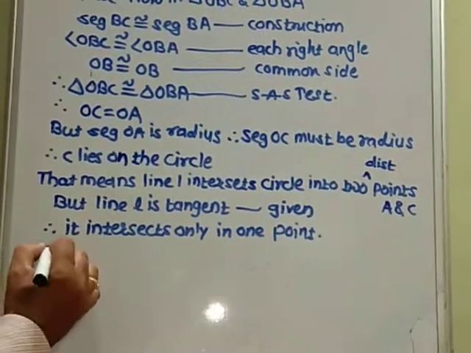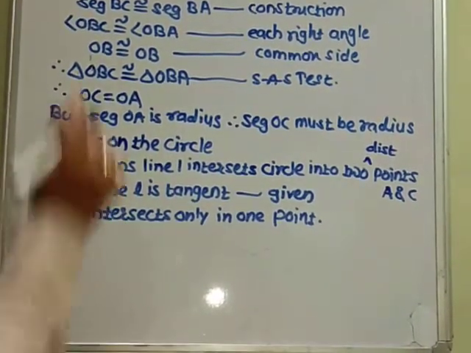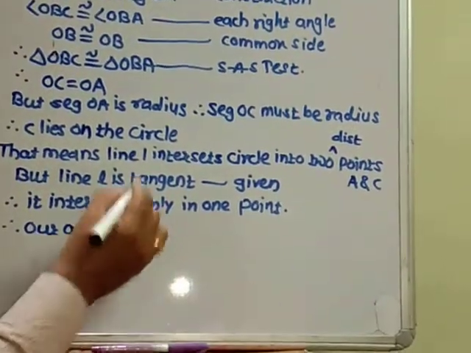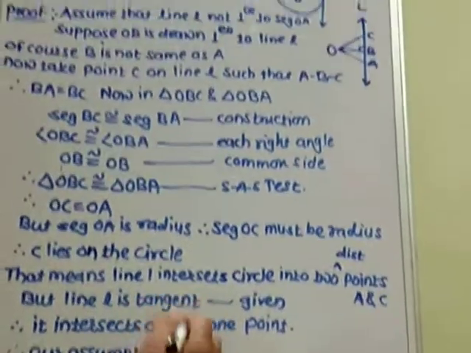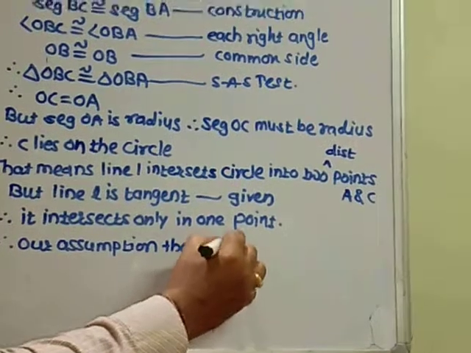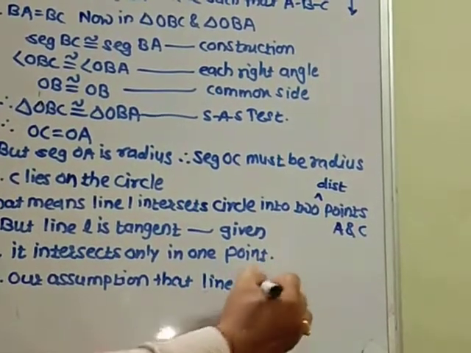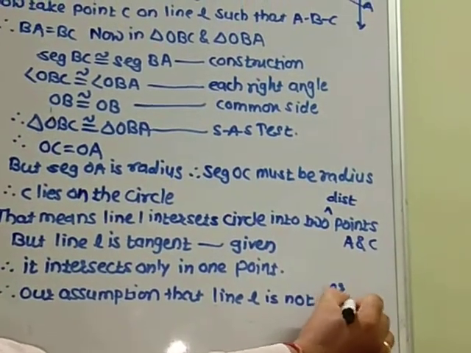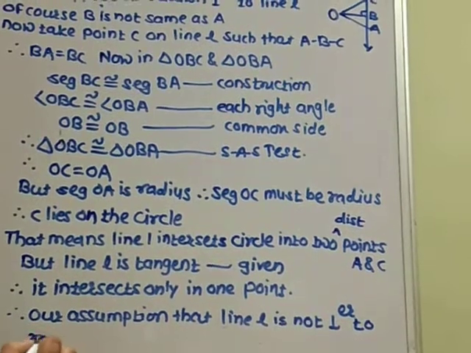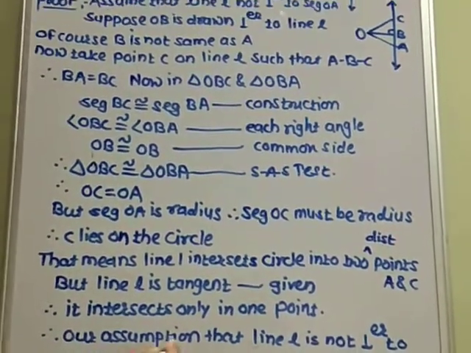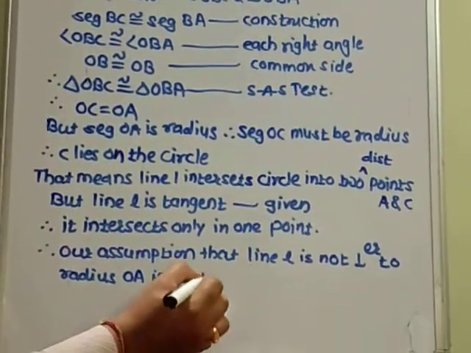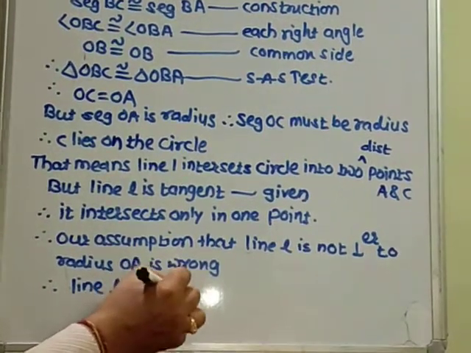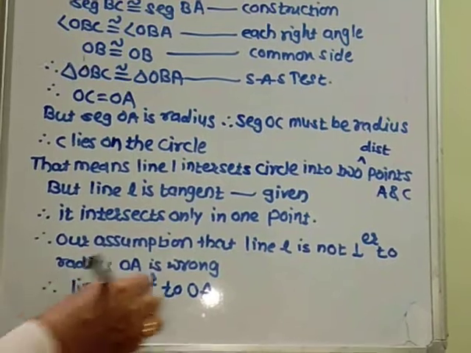Therefore line L is perpendicular to OA. This is the proof.